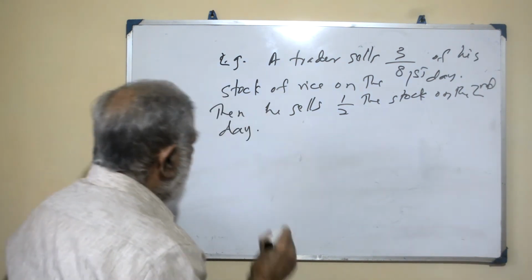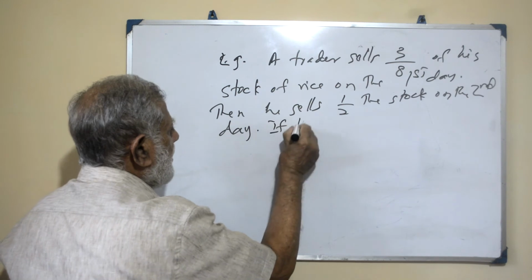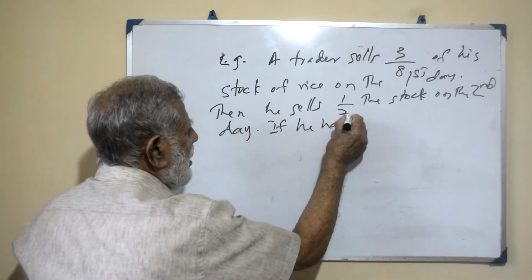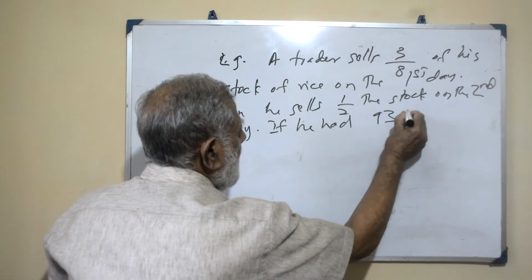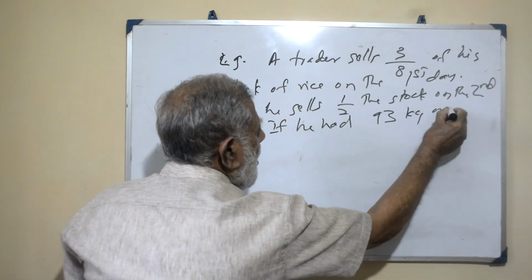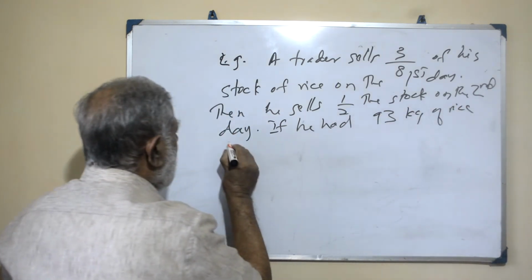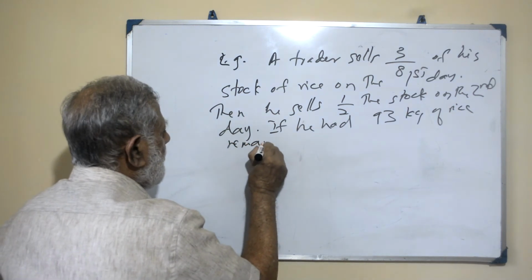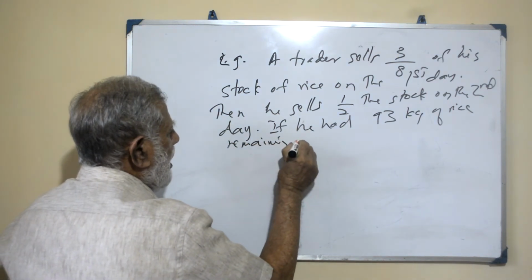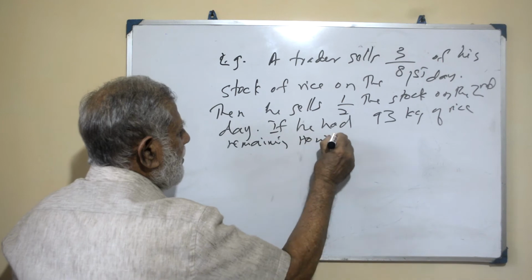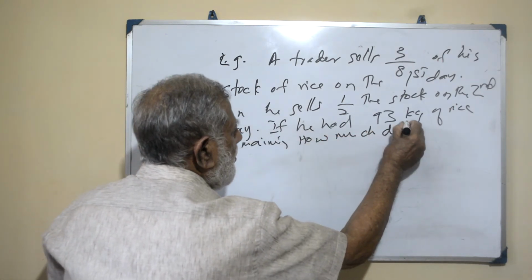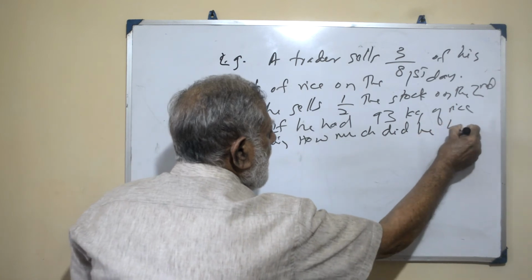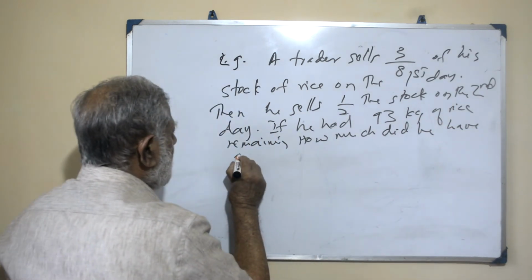Then if he had 93 kilograms of rice remaining, how much did he have at the start?